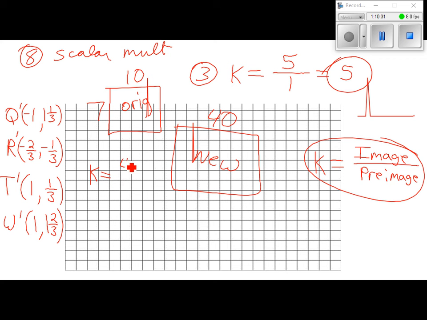So it'd be 40 over 10, which reduces to 4. It's always image over pre-image. Instead of image and pre-image, because everybody was having trouble remembering those, maybe new over old. Whatever you use to remember, it's always going to be that way.